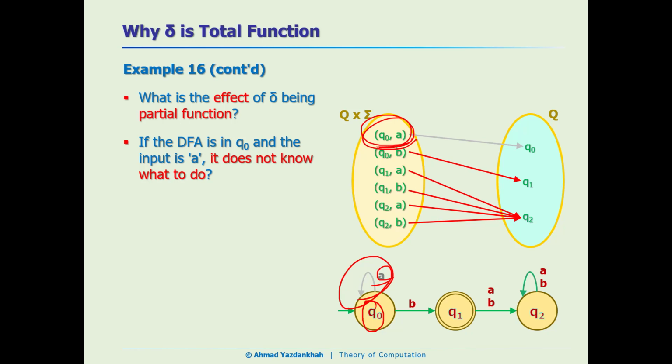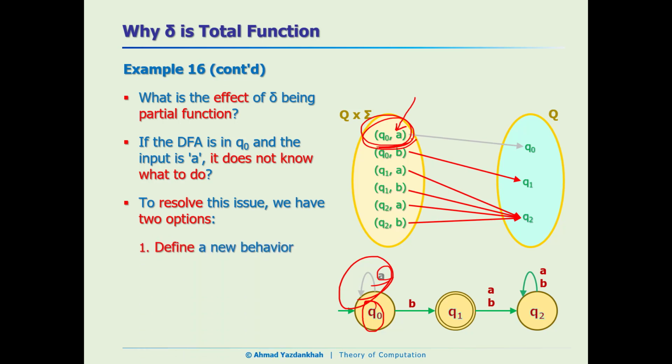And when we say undefined, it means that for this input, there is no transition. And if it happens for this DFA, the machine doesn't know where to go. That's the problem. To resolve this issue, either we need to define a new behavior for that.